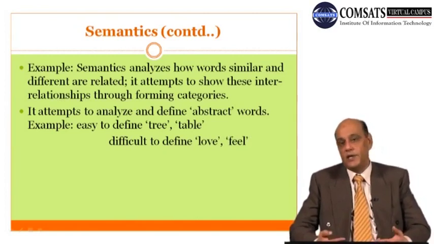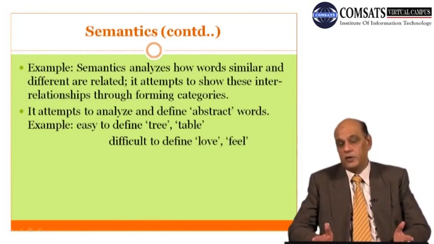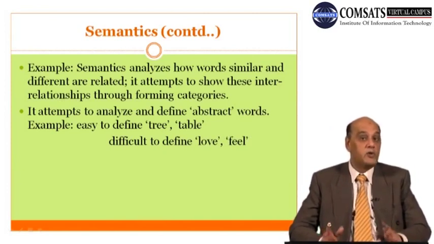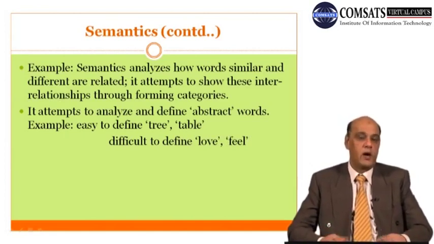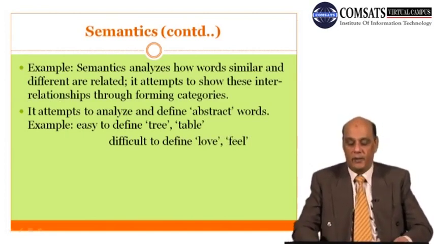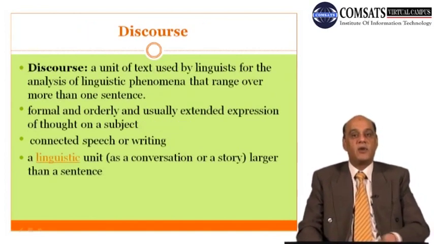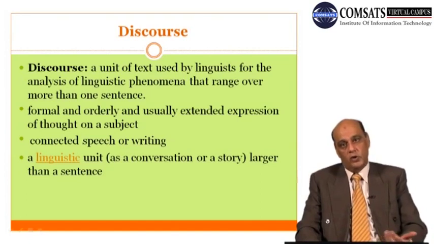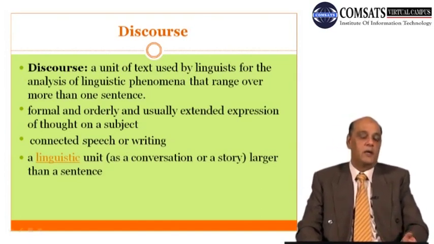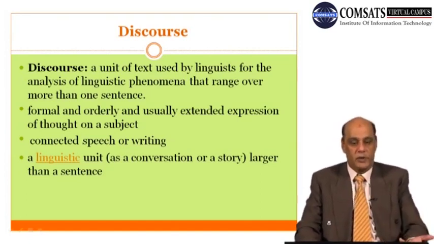You might give some indications, we might refer to some actions, some behavior to explain the word love or the word feel, but we cannot see it, like we can see a tree and a table. So semantics also talks about the words which are thought to be abstract, and it also defines the simple words, the concrete words.